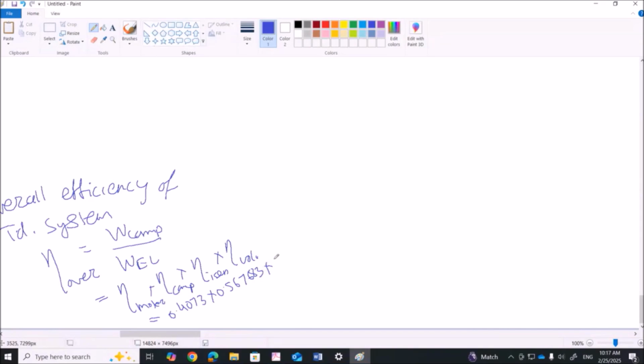The isentropic efficiency is 0.9953 and the volumetric efficiency is 0.7454. So the overall efficiency is 0.17156. So I can write 17.16%. So this is the overall efficiency of the system.